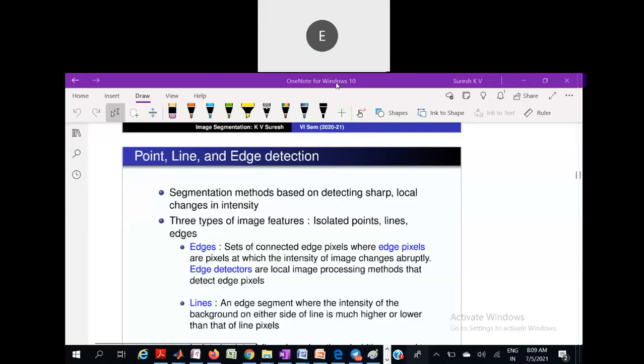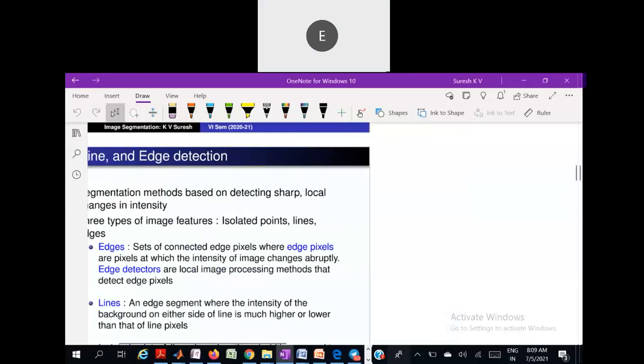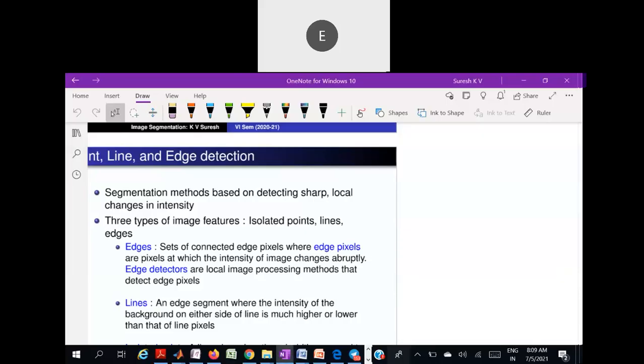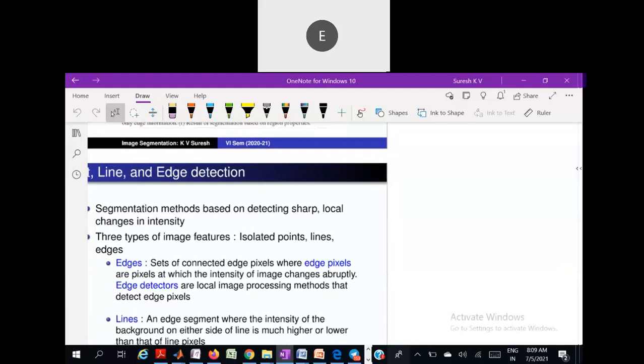So let me go to my OneNote. Okay, so assume that I have an image. Let us assume that there is a point inside the image. I'll show this point using red color. So there is a point here.